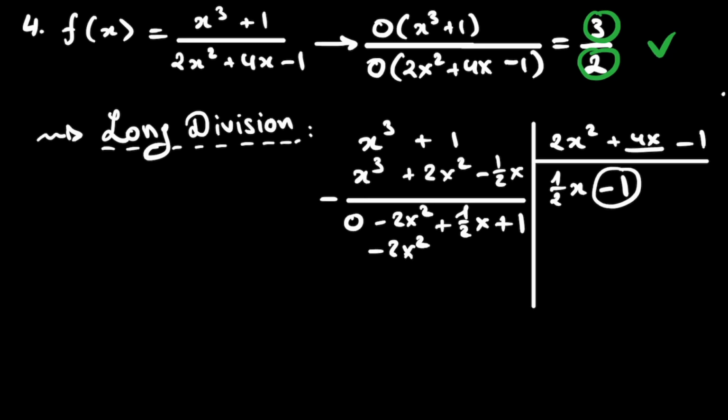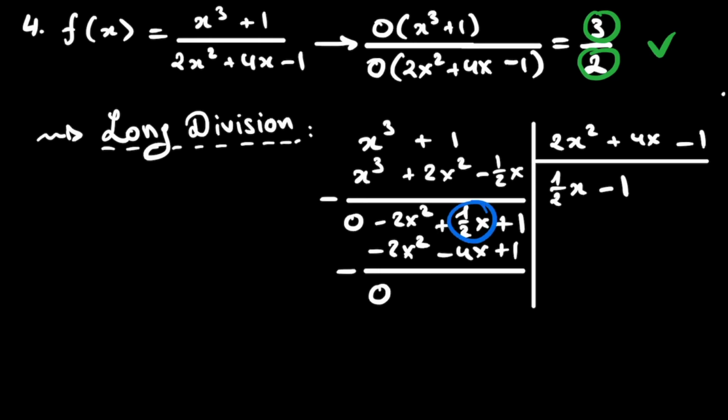Minus 1 multiplied by 4x is simply minus 4x, and minus 1 multiplied by minus 1 is of course plus 1. Having done this, we subtract these two polynomials. We see that this minus 2x squared minus negative 2x squared becomes 0. Then we have 1/2 times x minus negative 4x, which is equal to 9 divided by 2 x. And then we have this 1 minus plus 1, which is of course simply equal to 0.